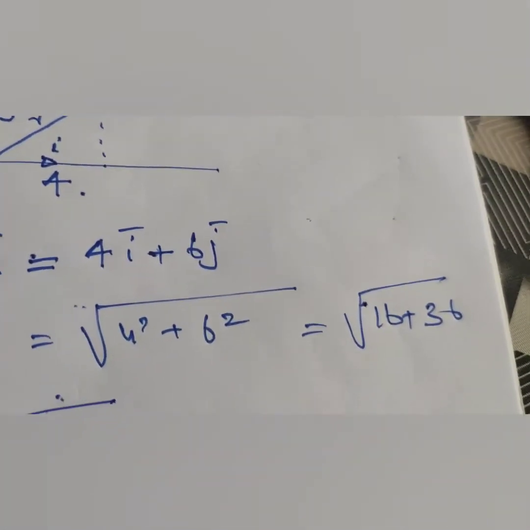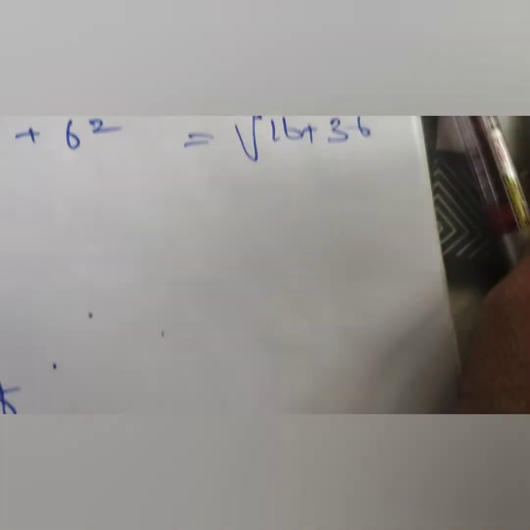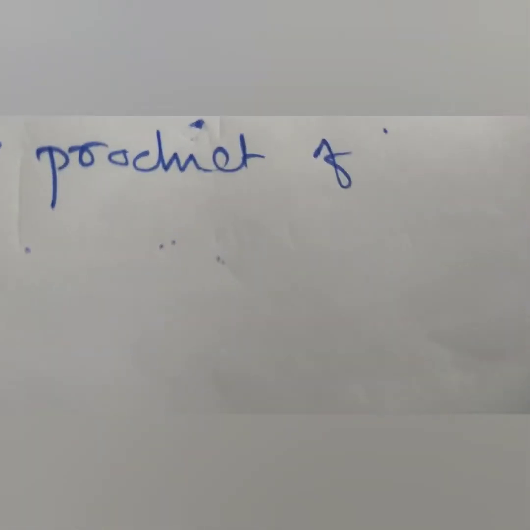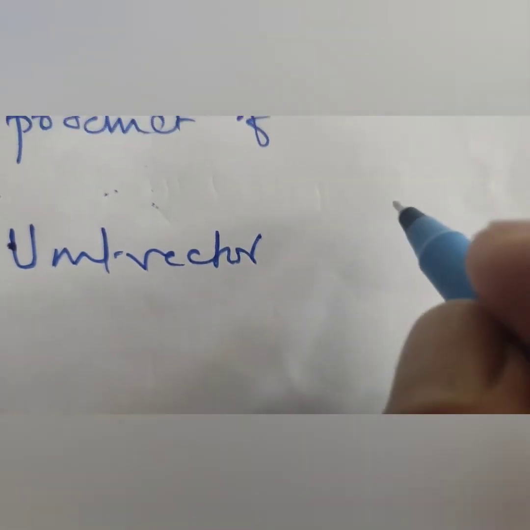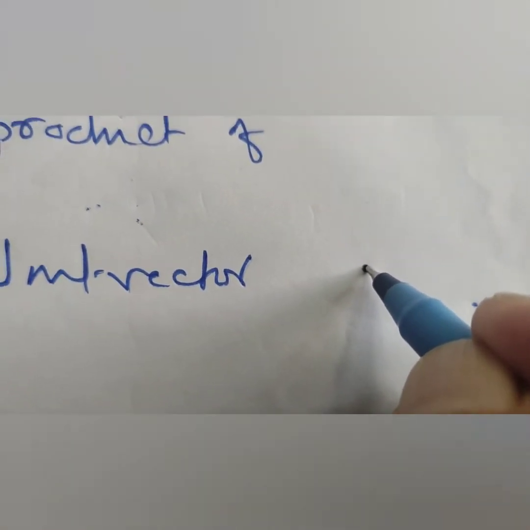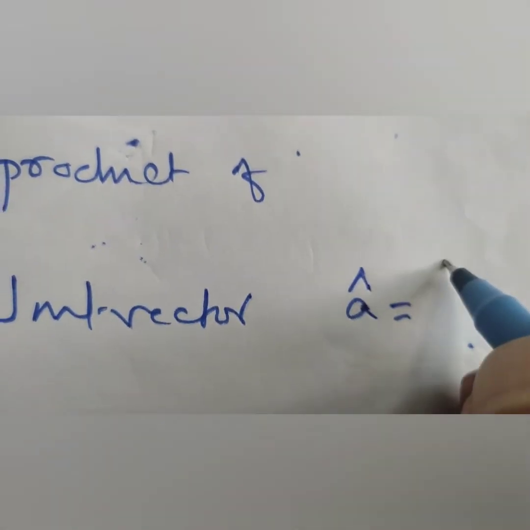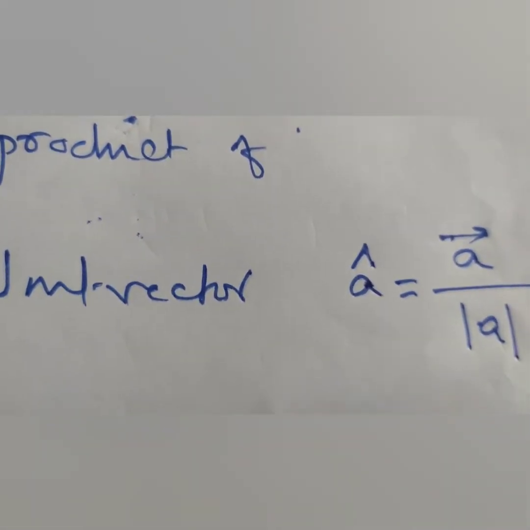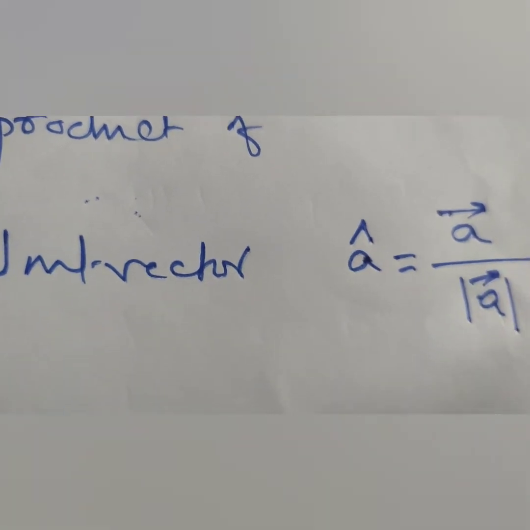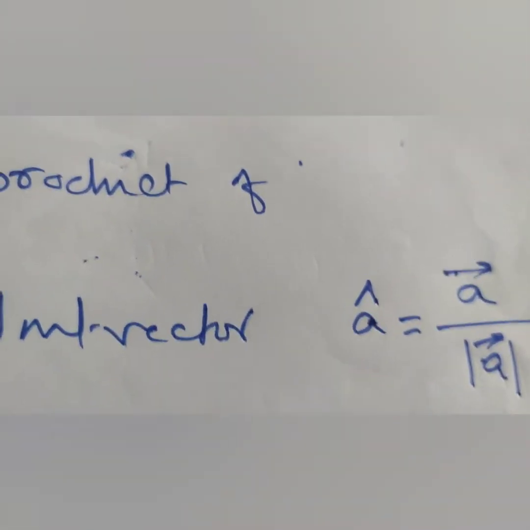Now let us see the unit vector. The unit vector is equal to the vector divided by the modulus of the vector.